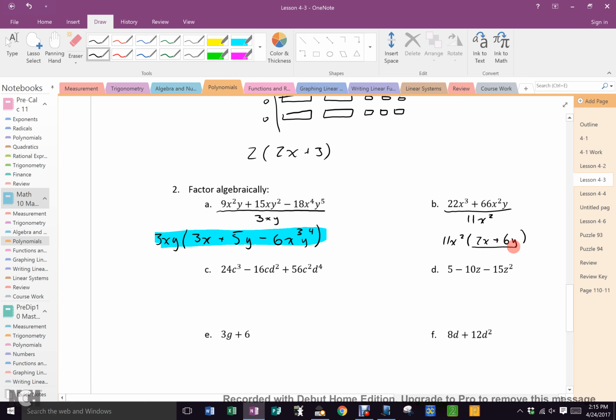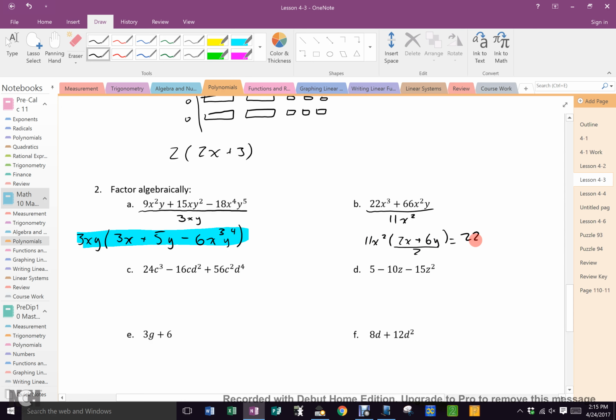So we're going to take a 2 out of here, which means what's going to the front? 2, what's already there? So what do we get? 22. 22x squared. Don't erase it. Just divide this section by 2. And what's there? 2x divided by 2 is x. 6y divided by 2 is 3y.